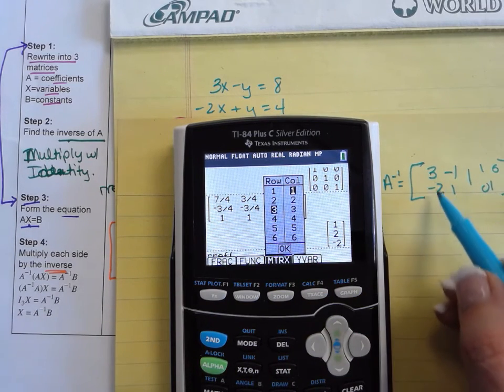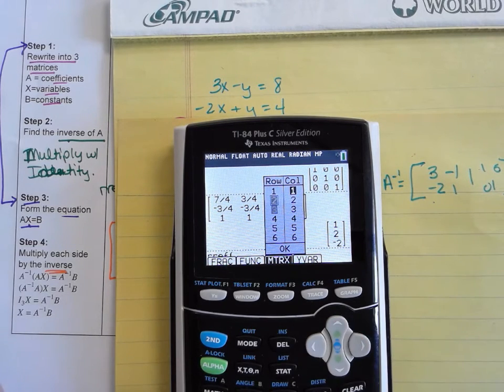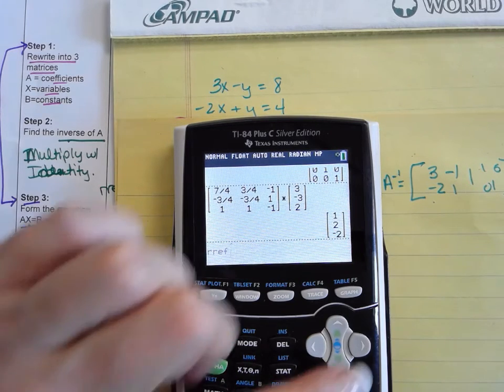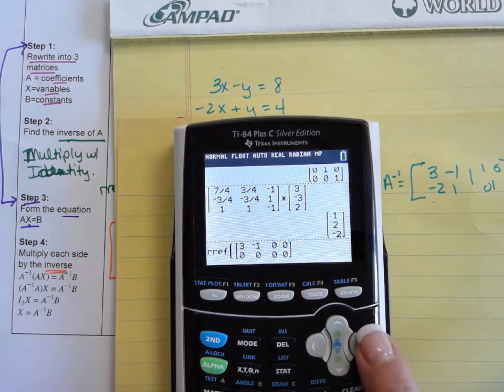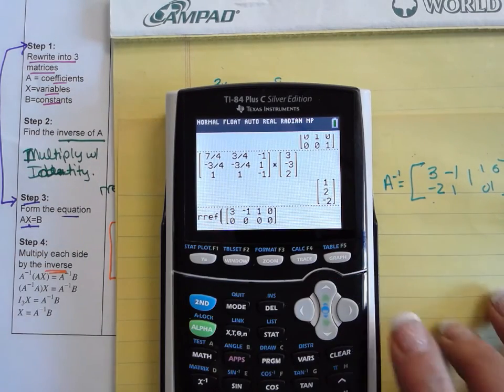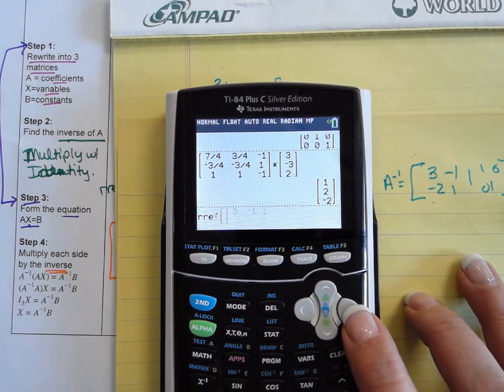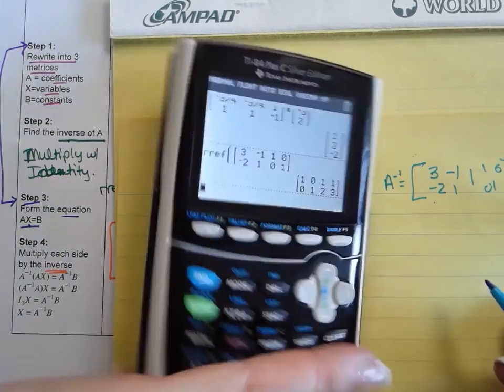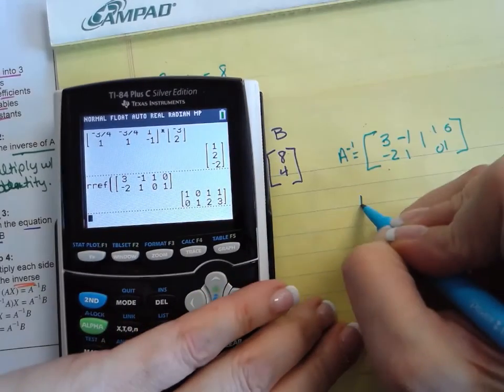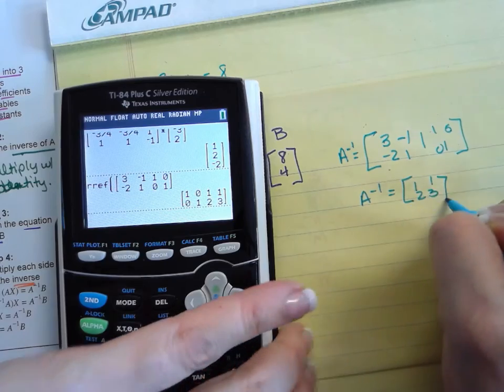And now I have a 2 by 4. So we have 3, -1, 1, 0, -2, 1, 0, 1. And so my inverse is 1, 1, 2, 3.